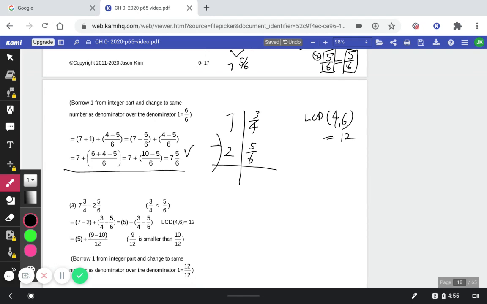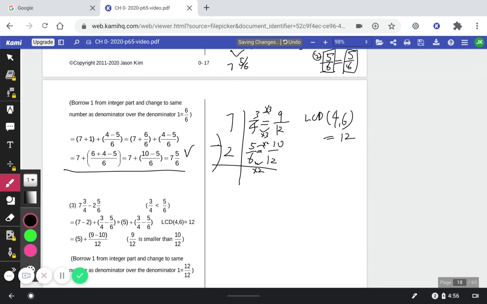So you're changing 3/4 in terms of 12 and 5/6 in terms of 12. Since it's multiplied by 3, if you multiply the numerator by 3, it becomes 9/12. And since 6 is multiplied by 2 to become 12, multiplied by 2, you get 10/12.